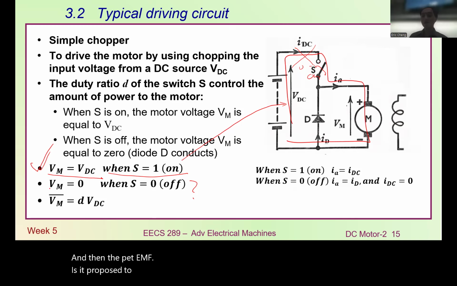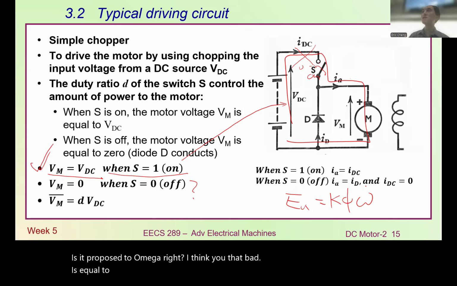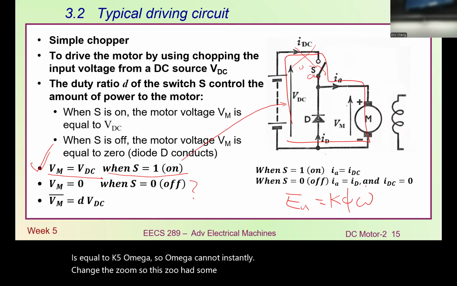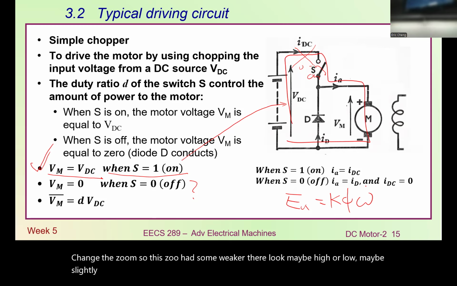I think you know that back EMF EA is equal to K phi omega. So omega cannot instantly change to 0. There is still some omega there, maybe slightly lower, so the voltage will not disappear instantly.